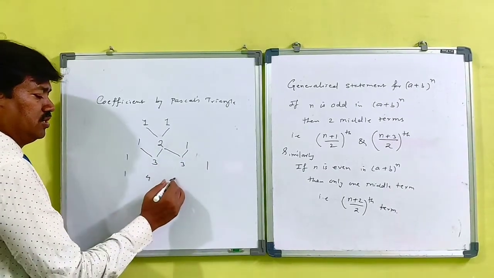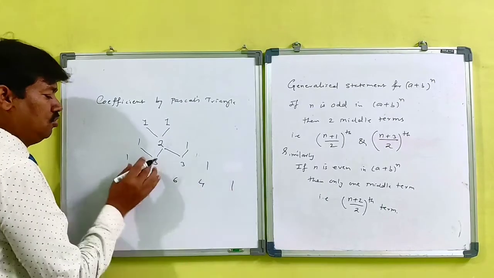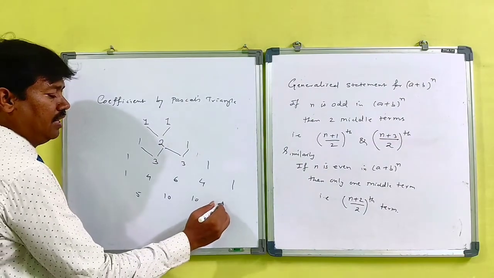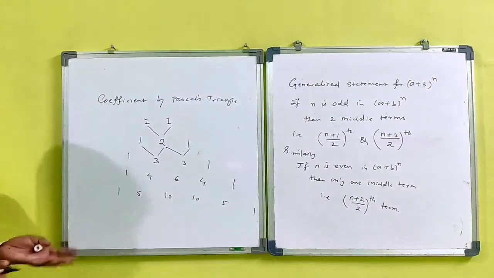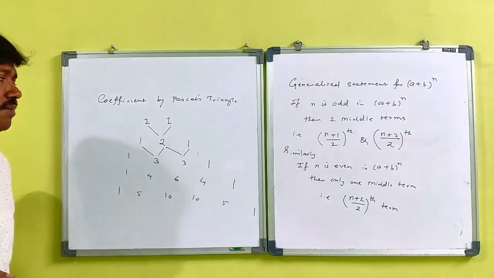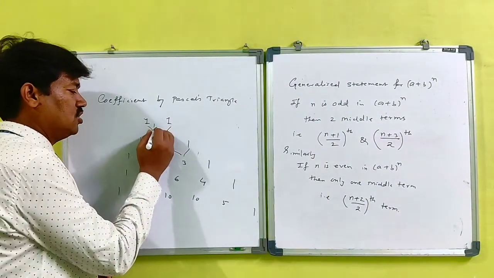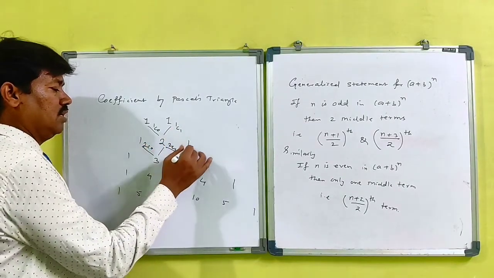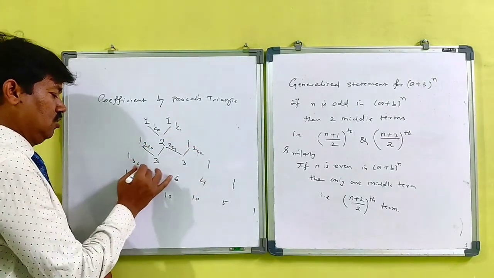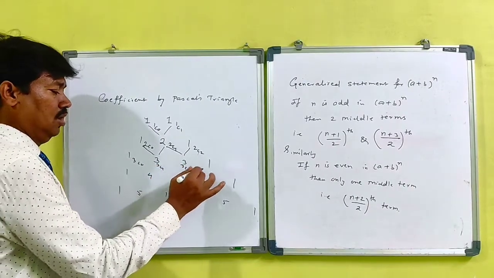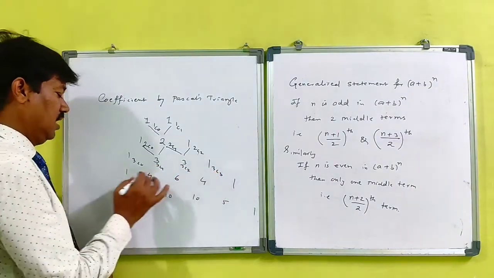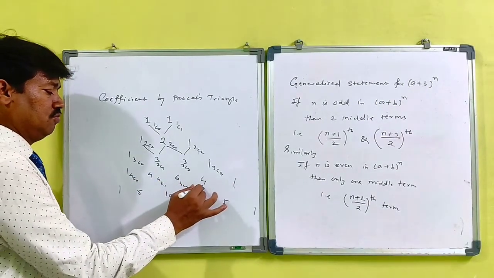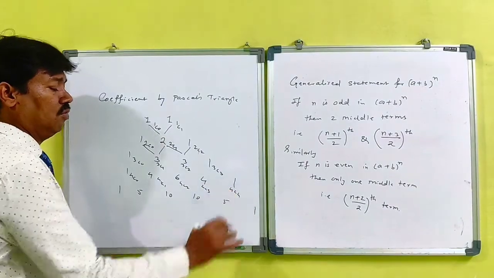You add and write in between, and the last is always 1, 1. What do these numbers suggest? They are 1C0, 1C1, 2C0, 2C1, 2C2, 3C0, 3C1, 3C2, 3C3, and so on, like 4C1, 4C2, 4C3 and 4C4.